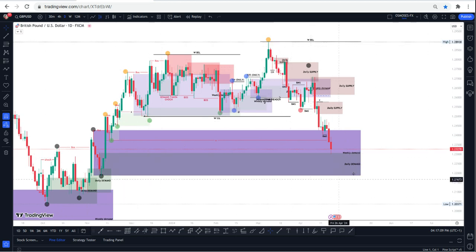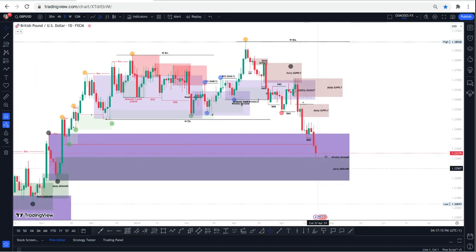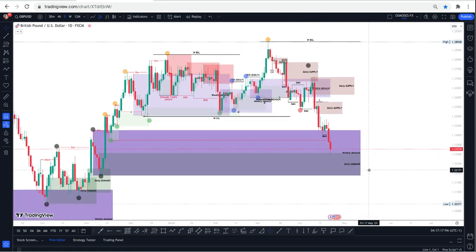So in here I'll be looking for a buy setup. I'll just wait to see a buy setup confirmation, the setup I love to see. This is a break of structure, right?